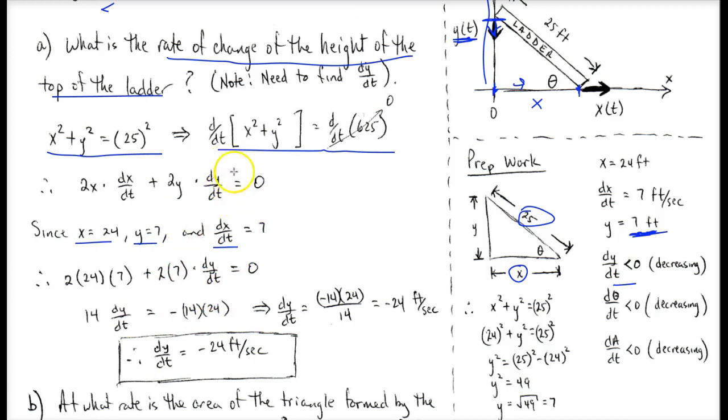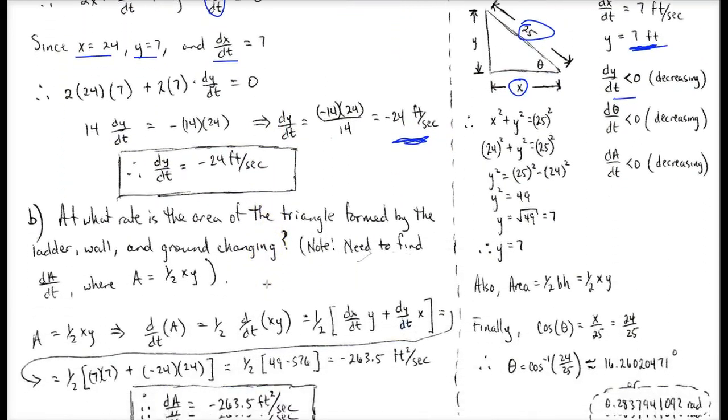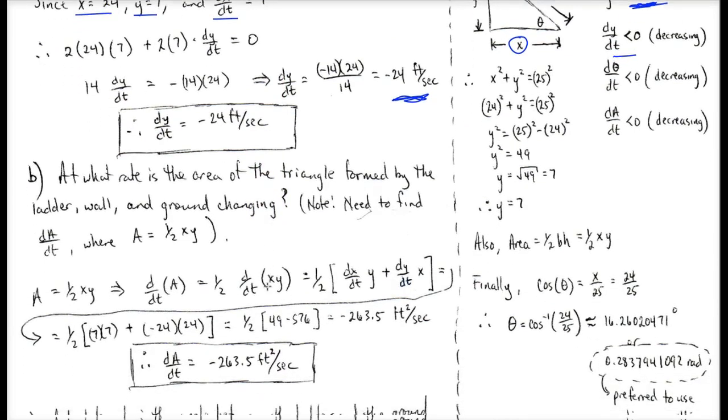And then the one thing that we're trying to find out, which is the rate of change of the height at the top of the ladder, that is rate of change of y with respect to t, which is here. That's what we're trying to find. So we substitute everything in, and you see after we do the computation, we get a negative 24 feet per second.